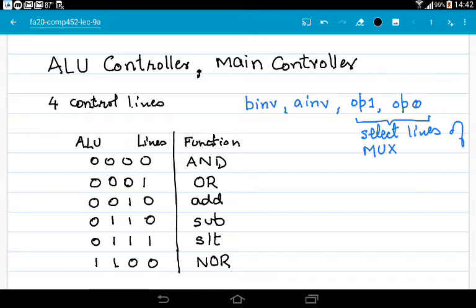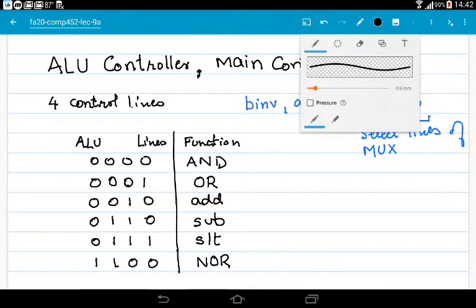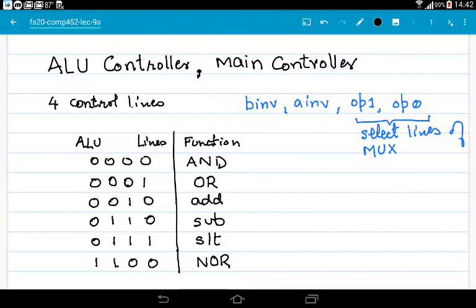I don't know the page number, but it's given in figure B.5.13. So ALU CTRL means ALU control lines. Okay.